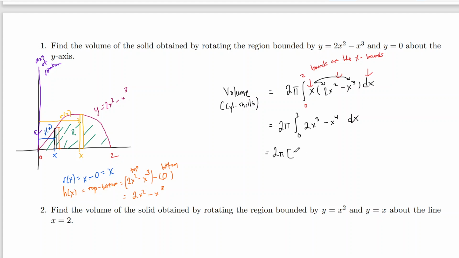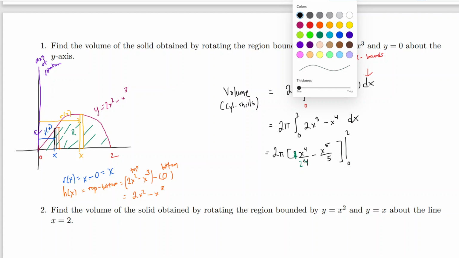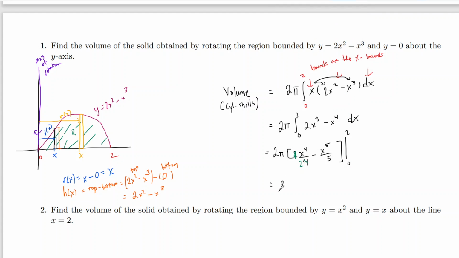The antiderivative, the 2 stays there. The integral of x cubed is x to the fourth over 4 minus the integral of x to the fourth, which is x to the fifth over 5. No substitution, so we just directly plug in 0 and 2. Before I plug in, I'm just going to simplify the 2 with the 4 to make a 2 there.